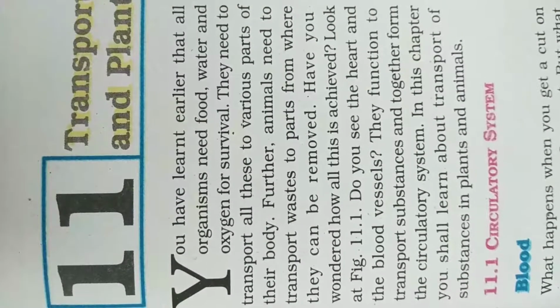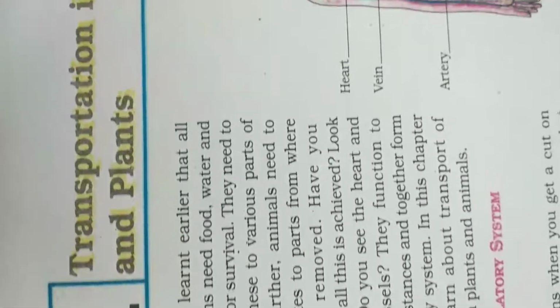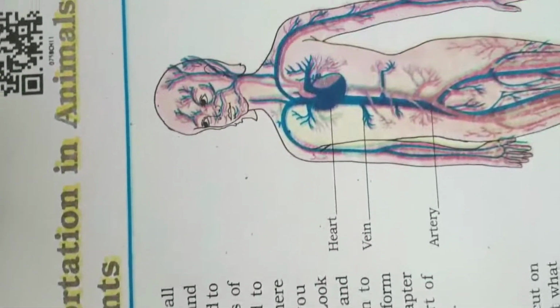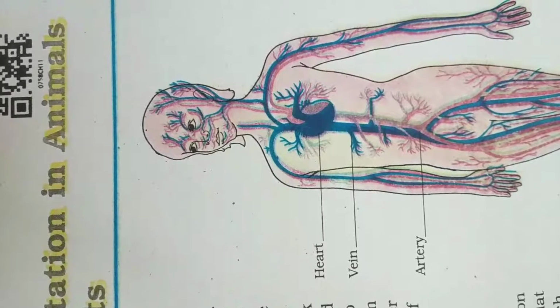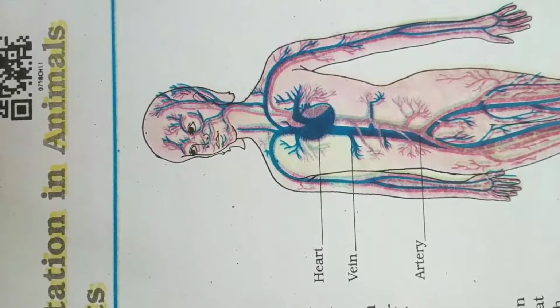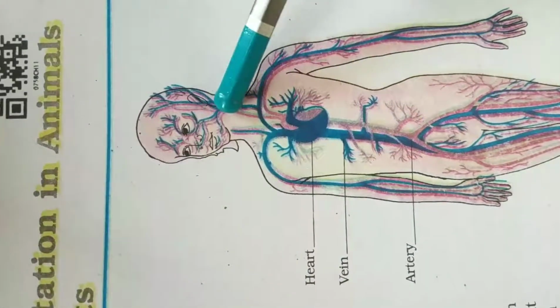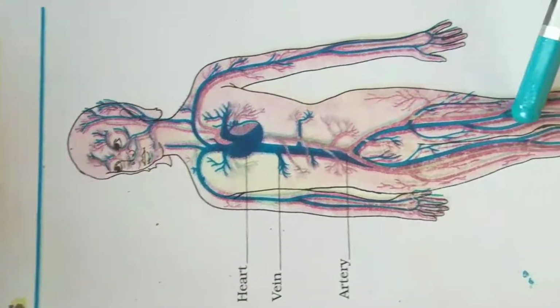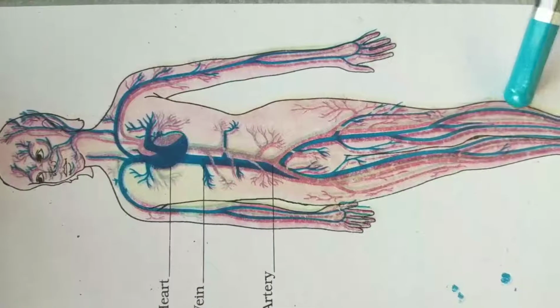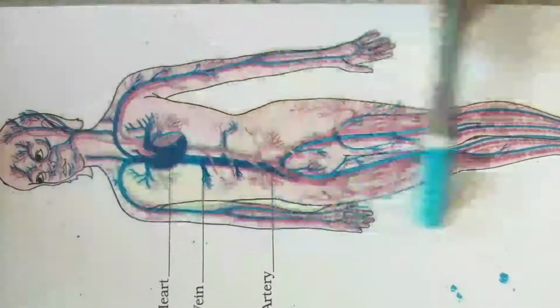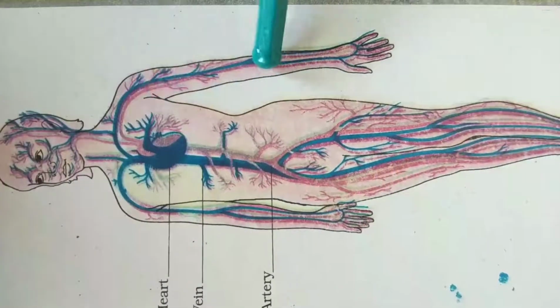See the figure: the heart, veins and arteries, everything is shown in this figure. So this is the figure of the circulatory system. Circulatory system means what?